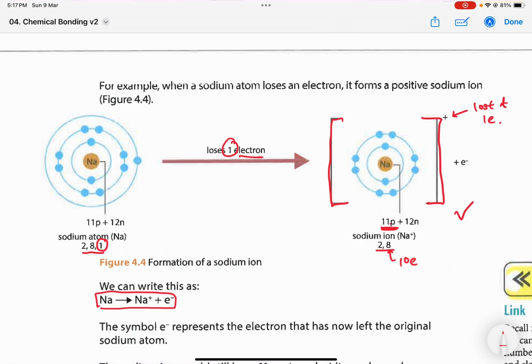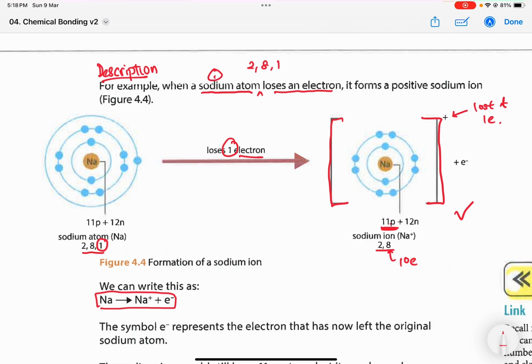Secondly, you also need to learn how to describe it. So for the description, you'll need to say that the sodium atom, initial configuration 281, loses an electron.